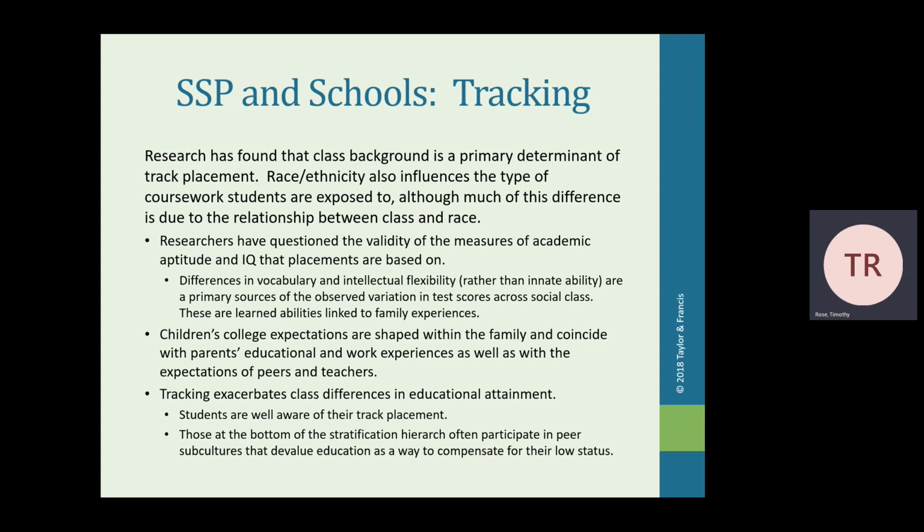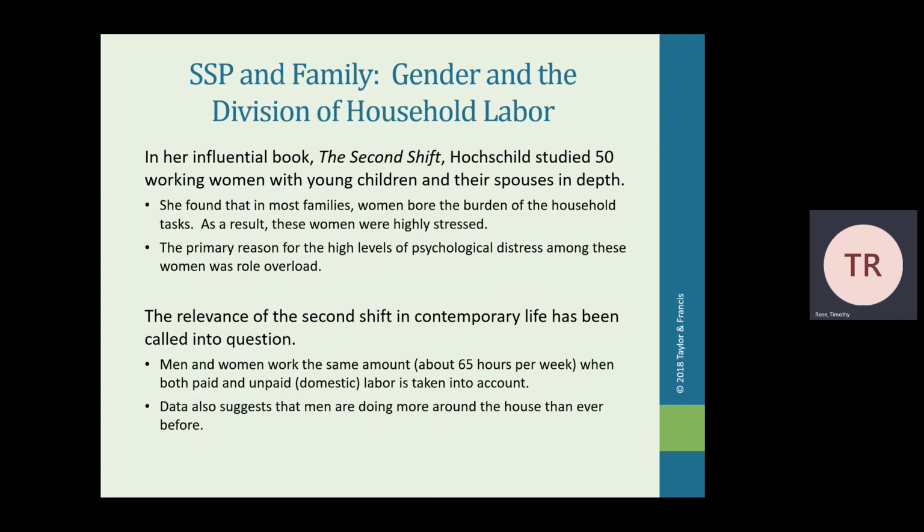So let's shift again to another proximate domain, tied to another axis of stratification. Let's talk about SSP research in the family. Specifically, let's talk about gender and household division of labor. In her influential book, The Second Shift, Hochschild studied 50 working women with young children and their spouses in depth.